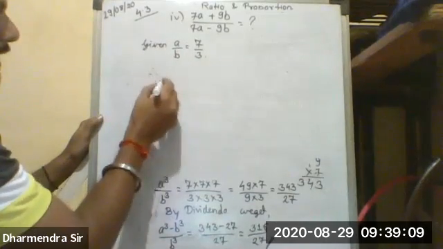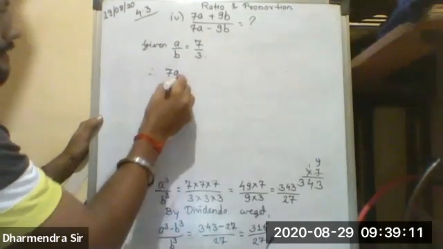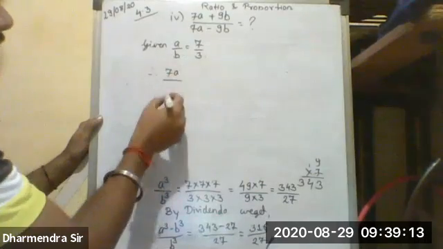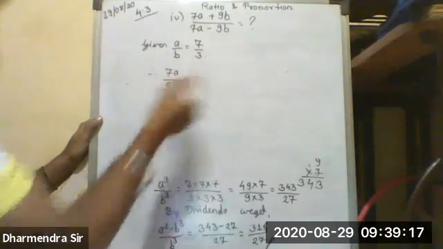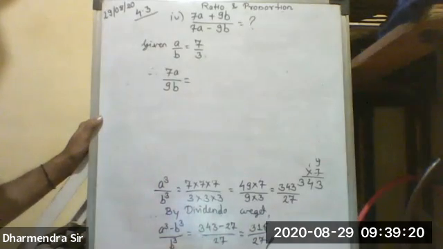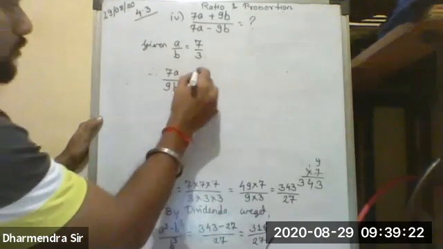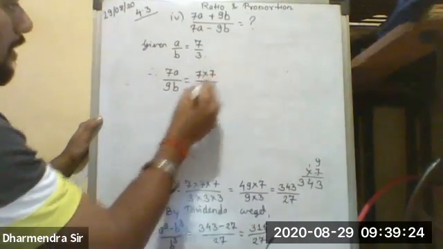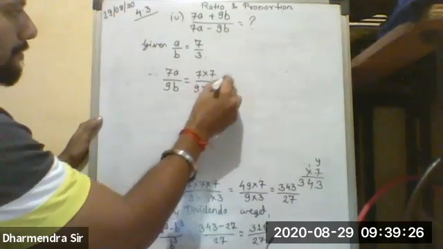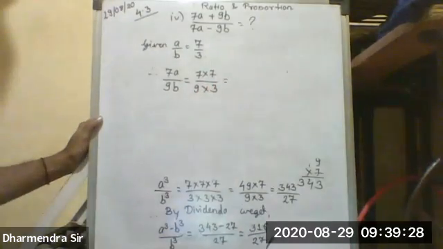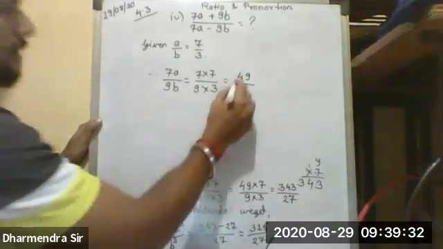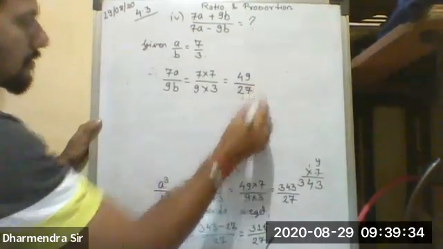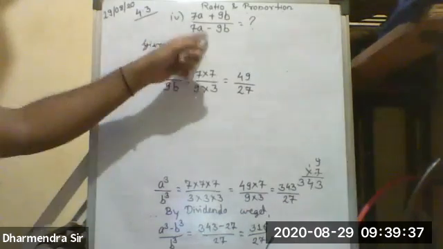So multiplying a by 7 and multiplying b by 9. As we are multiplying a by 7, we need to do the same on both sides. So 7 into 7 upon 9 into 3. So 7 sevens are 49 upon 9 threes are 27.